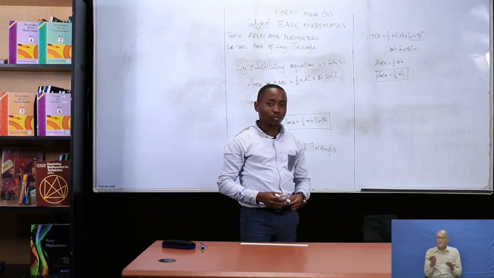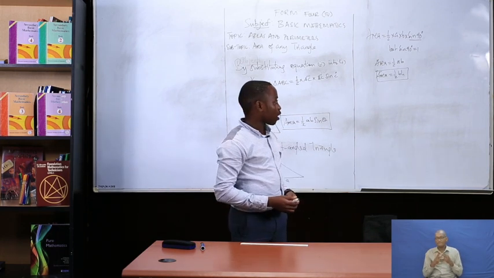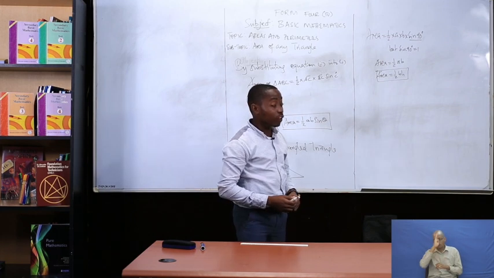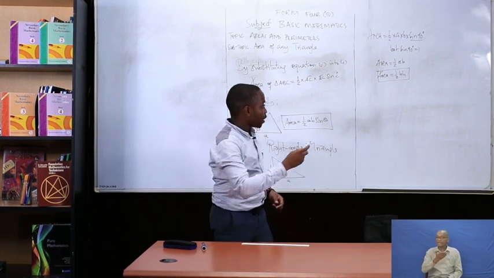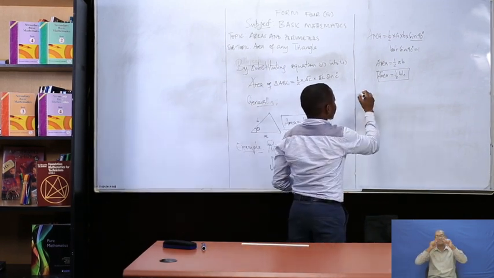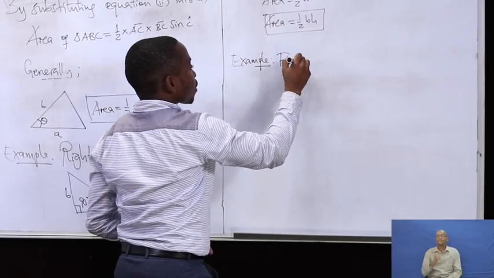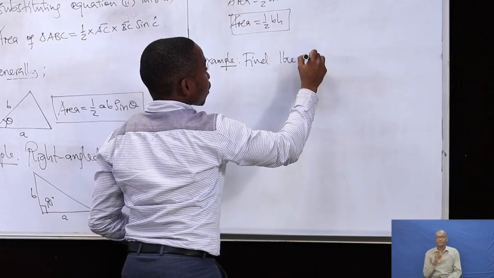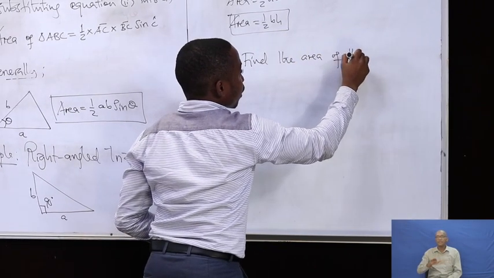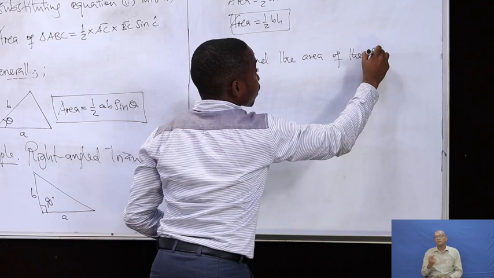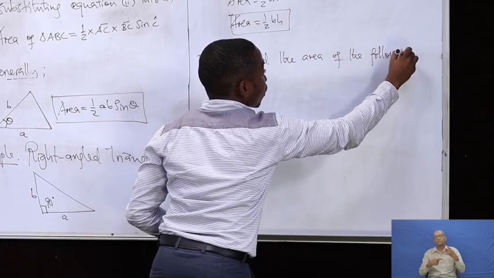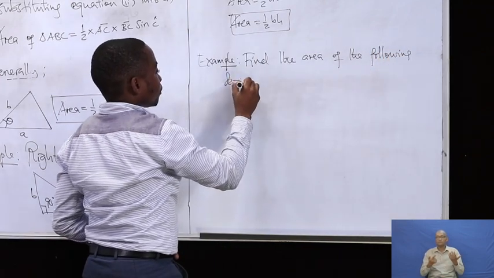How can we solve questions concerning the area of any triangle? Let us take example 1. Example 1. Find the area of the following diagrams.